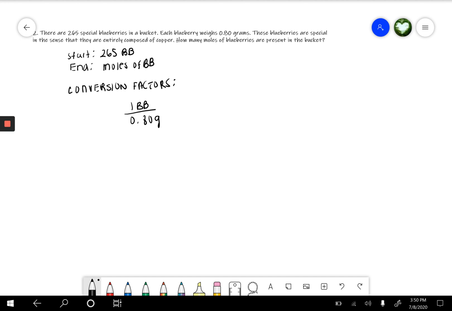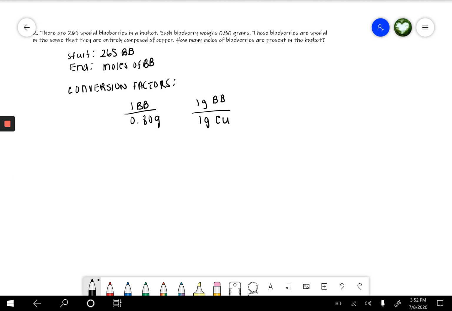We're also given some significant information: the blueberries are composed entirely of copper. That means that 1 gram of a blueberry is equal to 1 gram of copper, because the problem tells us that they are equivalent to each other.